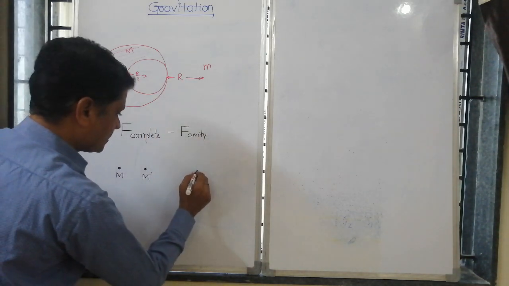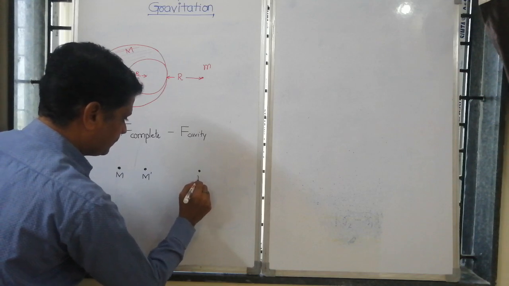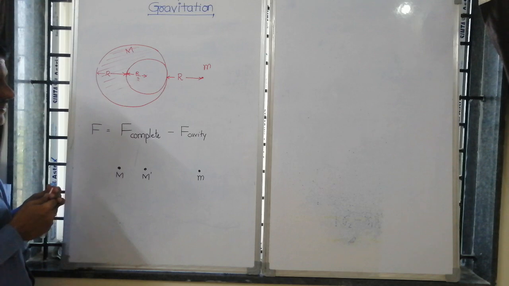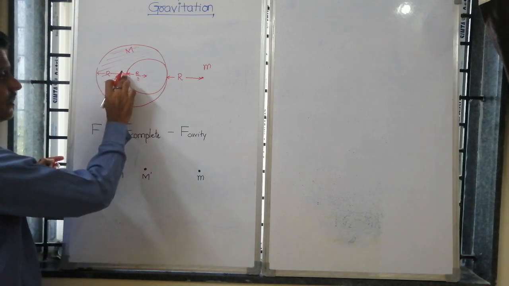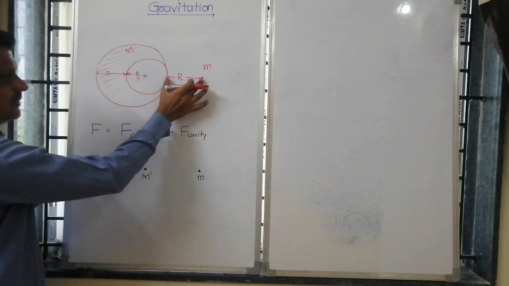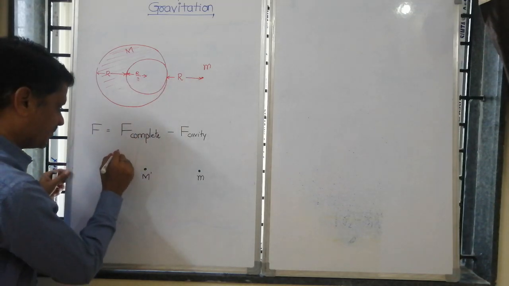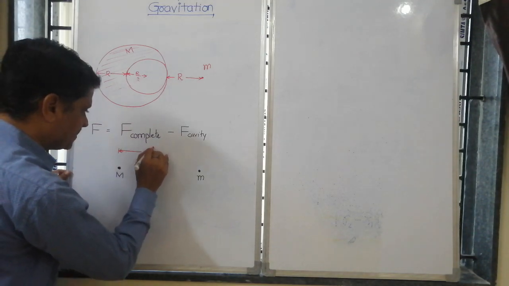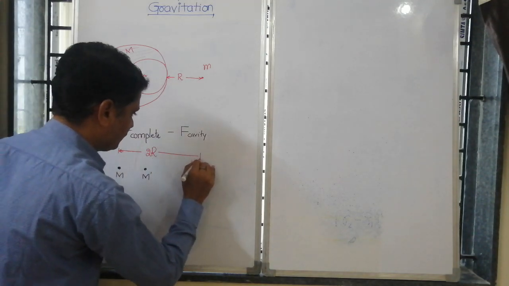Then this is the small m. If you look at the distance from here to here, this is r, this is r, 2r. Therefore the distance from here to here is 2r.